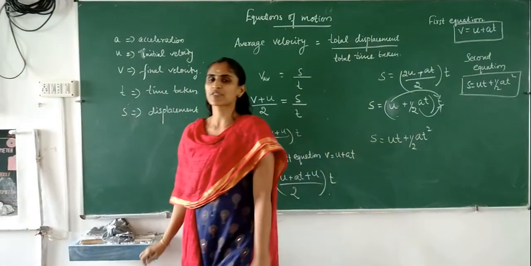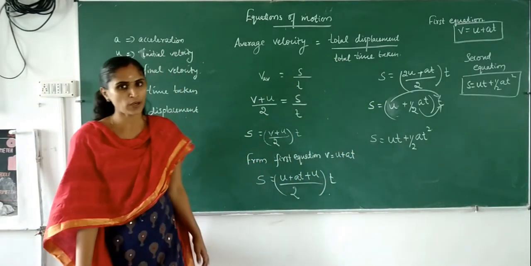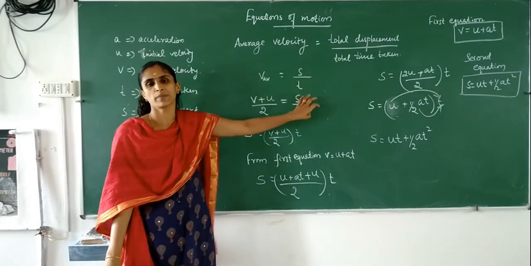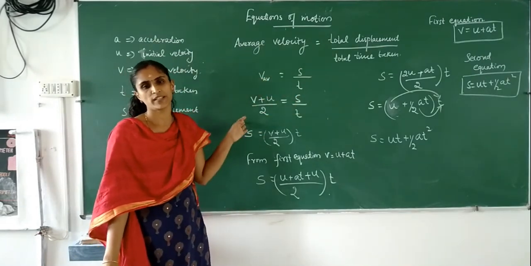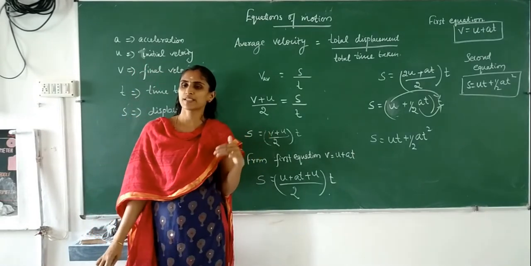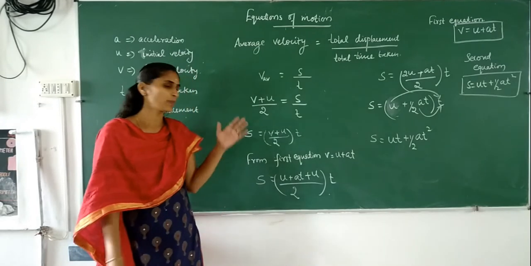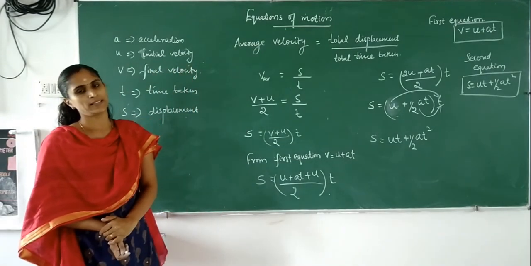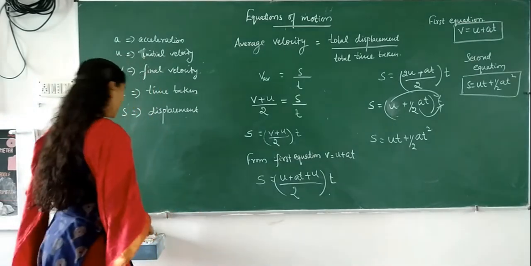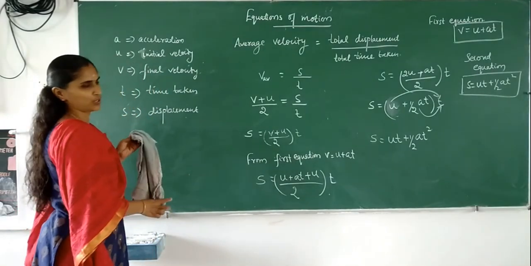We are getting it from the definition of average velocity. Here we write average velocity equal to displacement by time, and we substitute it as v plus u by 2 because two velocities are there, initial velocity and final velocity. Is it clear? Now we will discuss the third equation of motion.